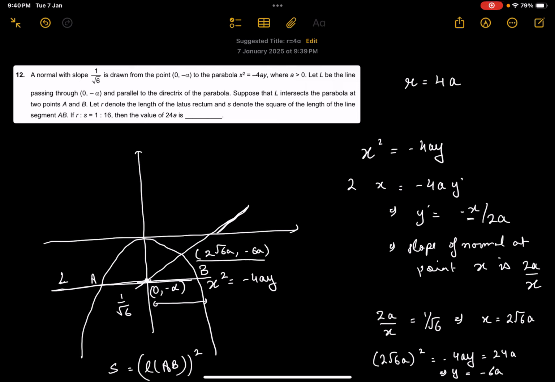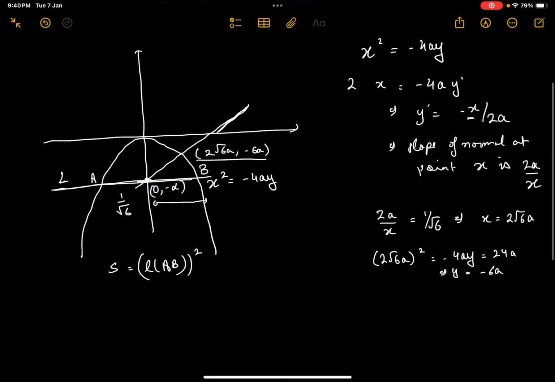So we have a point and we have the slope. So we'll write the equation of this line, or rather we'll use this point and this point to calculate the slope of this line and equate it to 1 by root 6. This becomes (minus 6a minus alpha), the y coordinate of this point minus y coordinate of this point, upon (2 root 6a minus 0), the x coordinate of this point minus this x coordinate of this point.